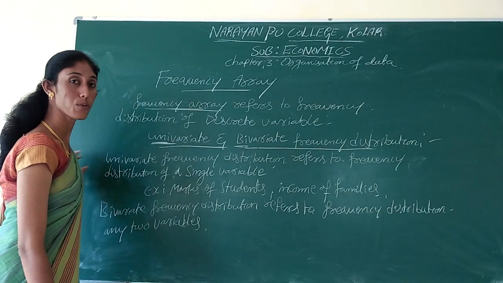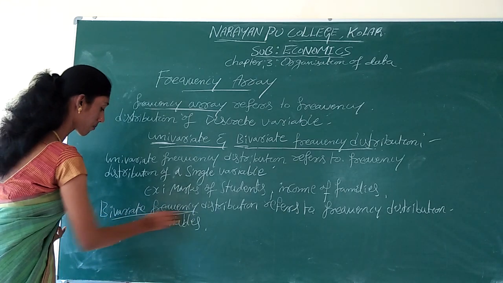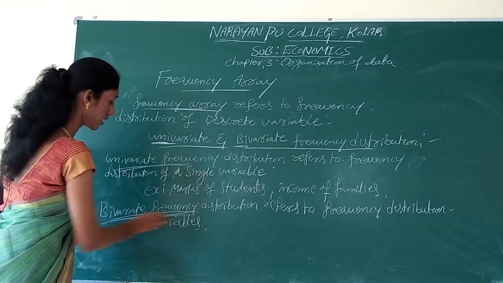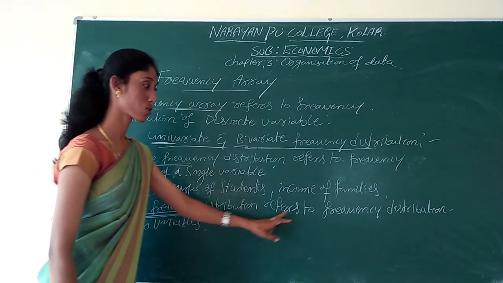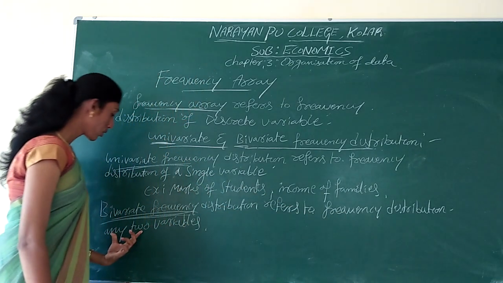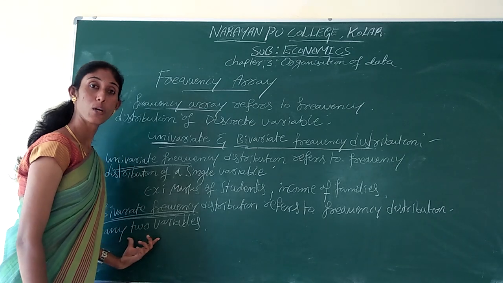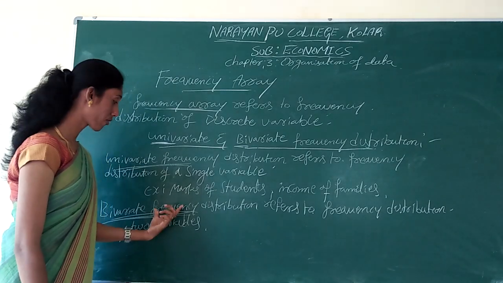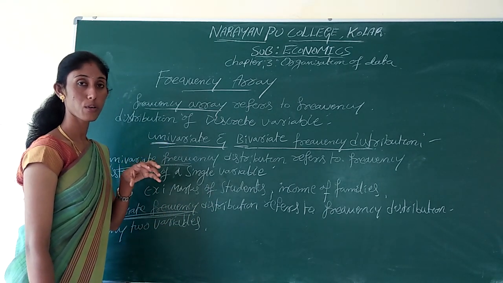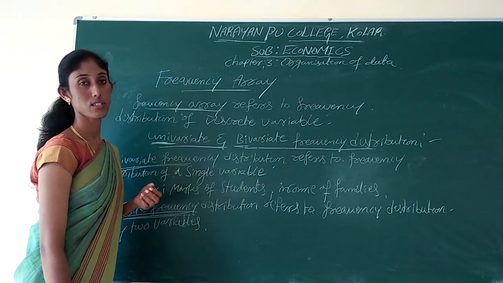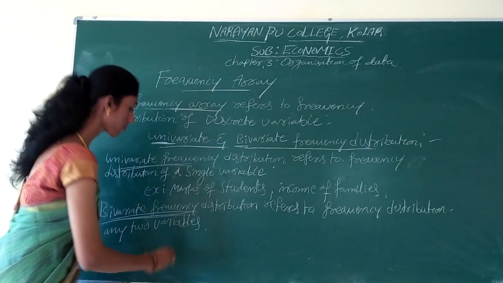That is called bivariate. Got it? This is univariate, this is bivariate. Bivariate frequency distribution refers to the frequency distribution of two variables at a time. Frequency distribution of two variables at a time, if you are going to distribute, that can be considered as a bivariate frequency distribution. If you want, we can discuss one example also.